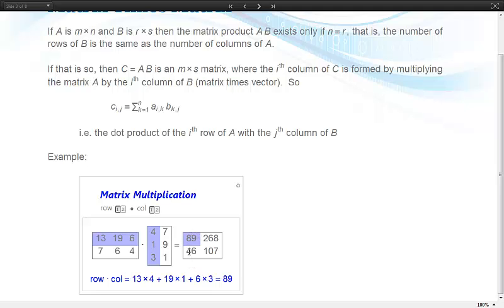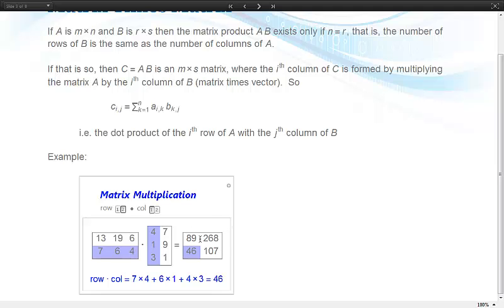To get the second entry in the first column, I go to the second row. So it's the second row of the matrix times the first column, and there's the arithmetic to give the answer 46. So this first column of the answer, 89, 46, can be thought of as the vector resulting from multiplying the matrix times the first column of B.